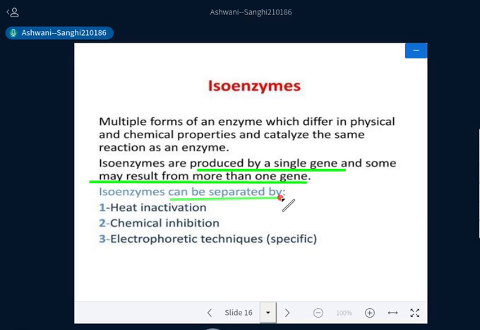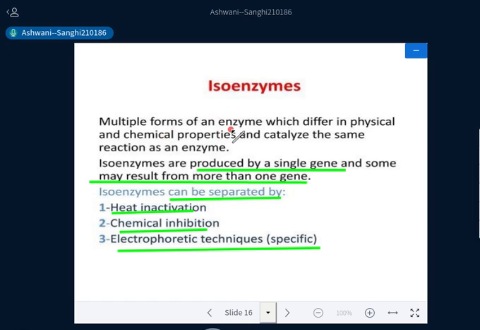Isoenzymes can be separated by heat inactivation, chemical inhibition or electrophoretic techniques. Example: hexokinase and glucokinase are isoenzymes. They catalyze the same reaction, that is conversion of glucose to glucose 6-phosphate by phosphorylation. But hexokinase is present in the muscle, glucokinase is present in the liver.